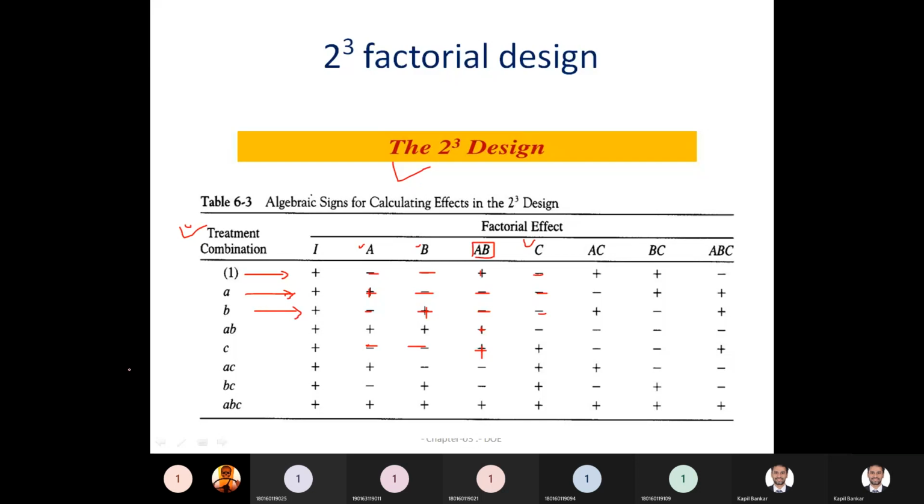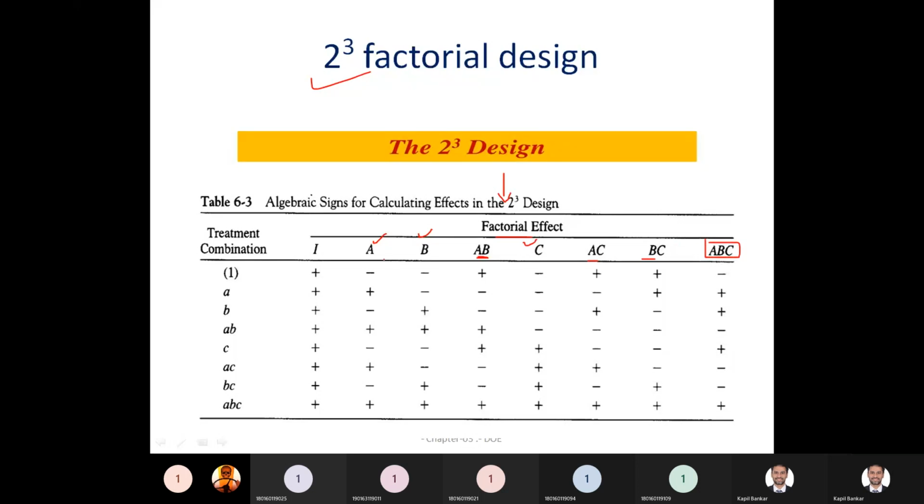So this is your 2 raised to 3 design table, or factorial design. And if you take it for your experiment, then it is known as the full factorial design, because it gives you the main effects, that is A, B, and C, as well as the two-way interactions AB, AC, and BC, and the three-way interaction ABC.